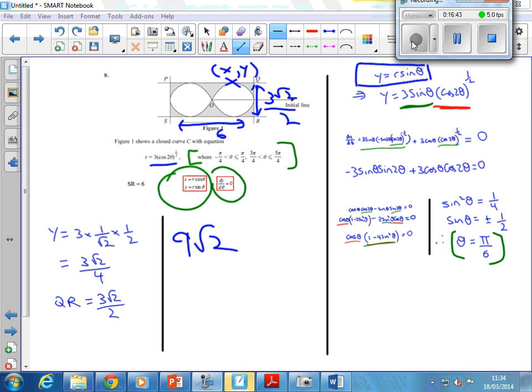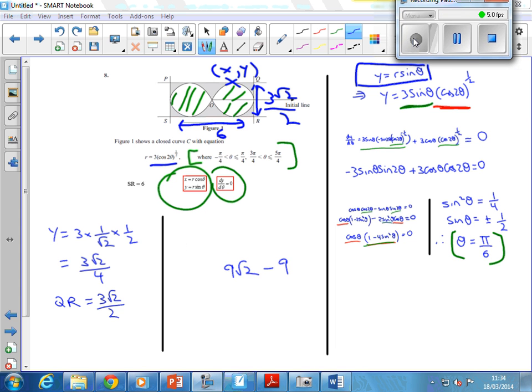But the required area, the shaded region, we have to subtract that from the area that we worked out in part A. We have to subtract this area, which we worked out to be 9. So the final answer is 9 root 2 minus 9. So to write it properly, we can say, therefore, A is equal to 9 root 2 minus 9. And that is our final answer.